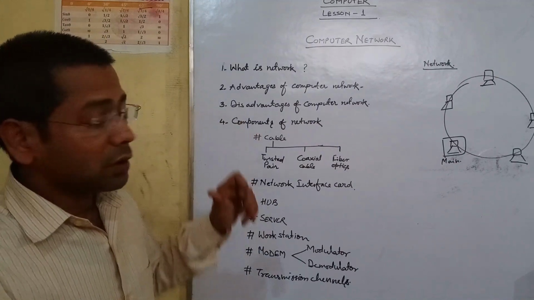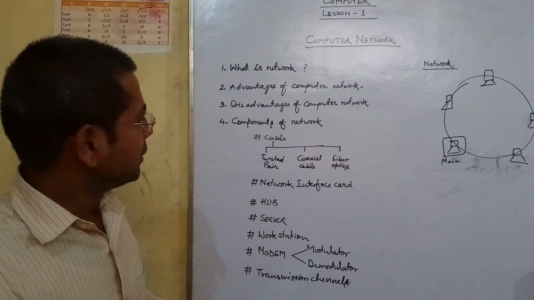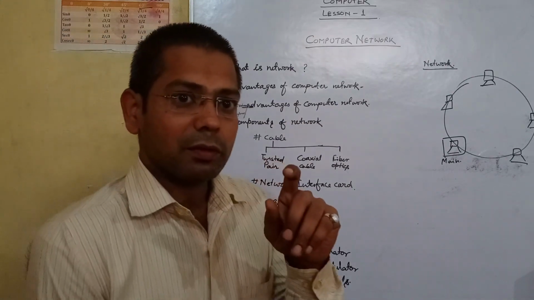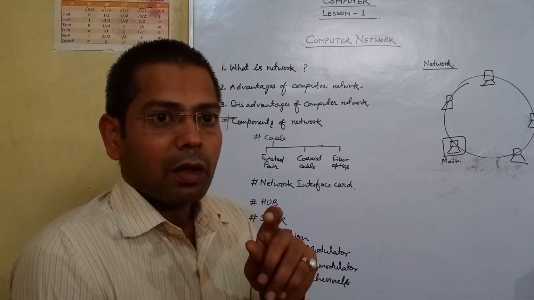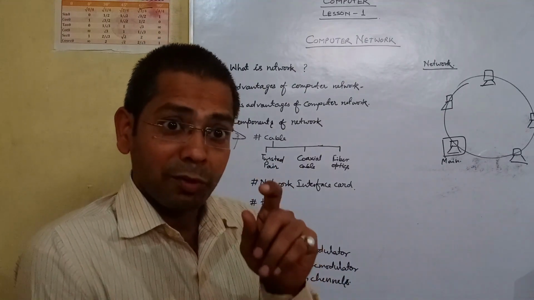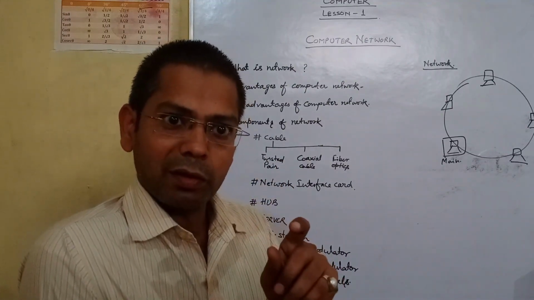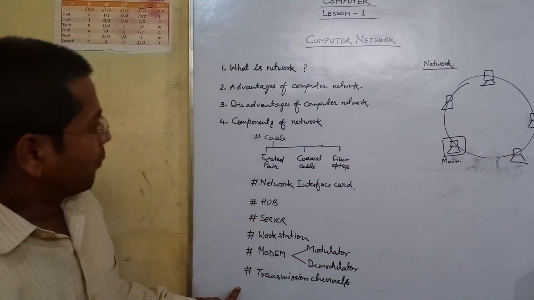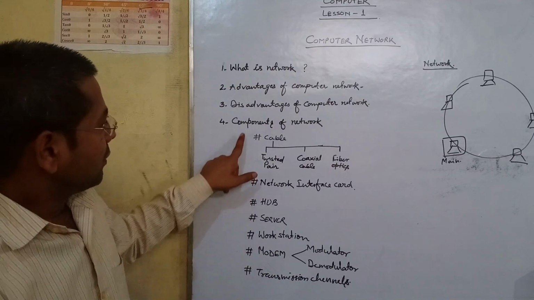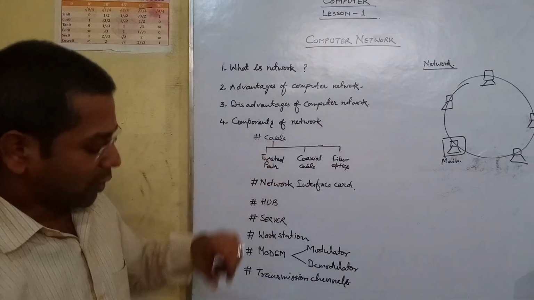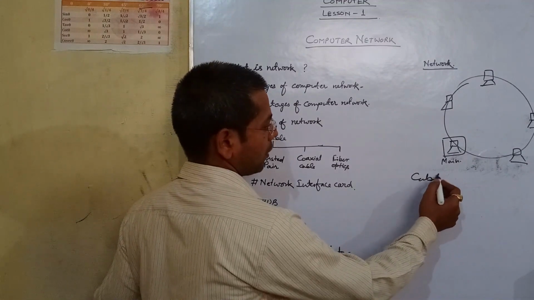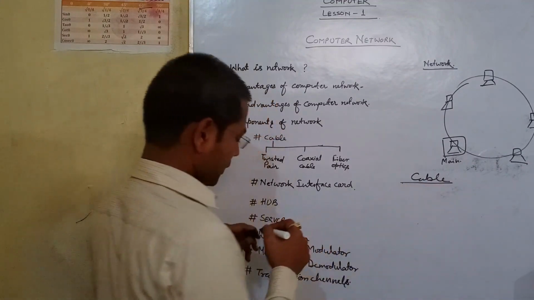Now we discuss the components of networks. The components of a network means the hardware and the equipment which make a computer network successful. Here are a few components mentioned. The first one is cable. Cable is the first component.